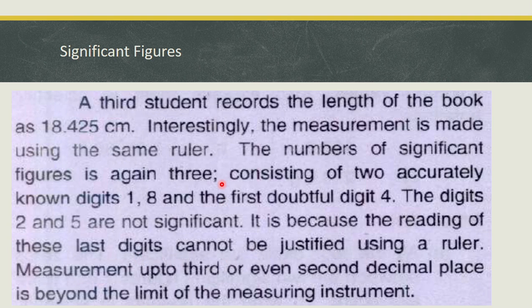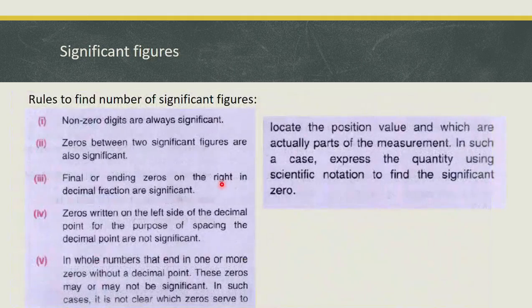Okay, now let's move towards the rules to find the number of significant figures. In general, all non-zero digits are always significant. Of course, when we are finding the number of significant figures, we must know about the instrument.